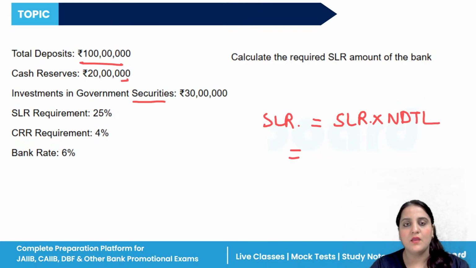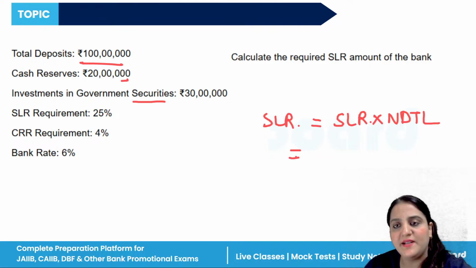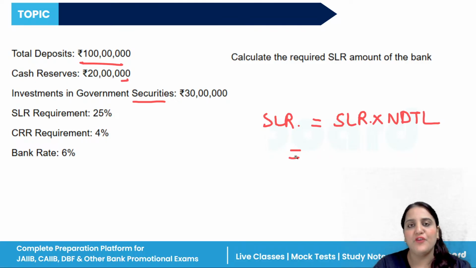So SLR requirement is given. We have to first find out this NDTL. And how can we calculate this NDTL?